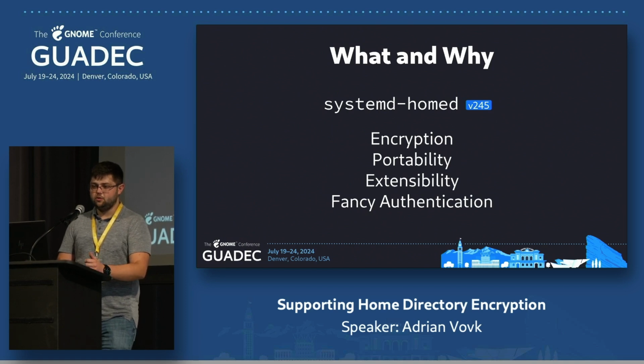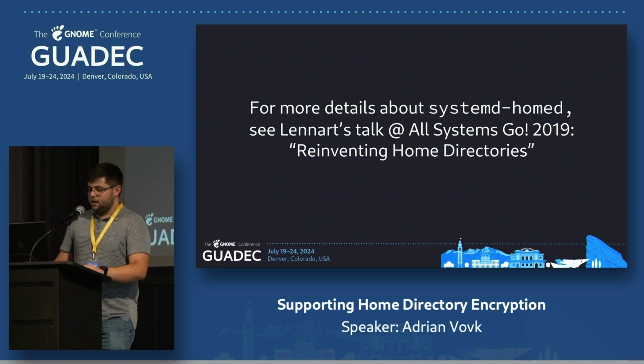And this will also open the door for Windows Hello-esque features like cryptographically secure fingerprint readers. And maybe, you know, secure enclave TPM things we can put together to emulate something as secure as Windows Hello or macOS's authentication. And that was a really quick summary of homed.